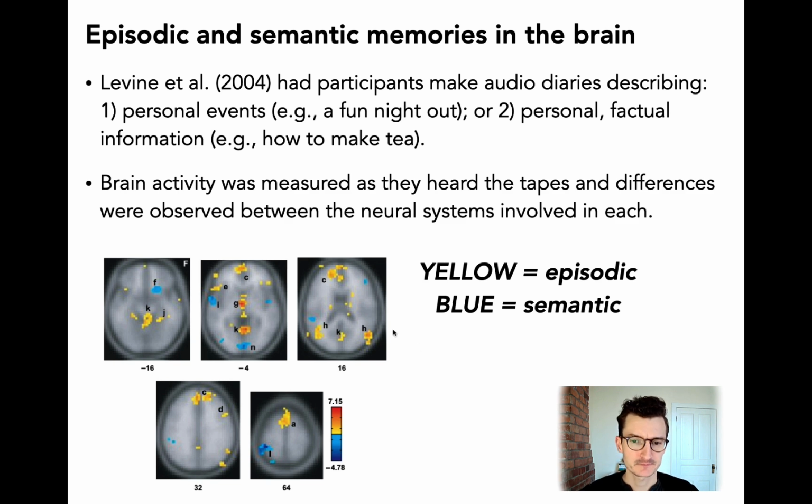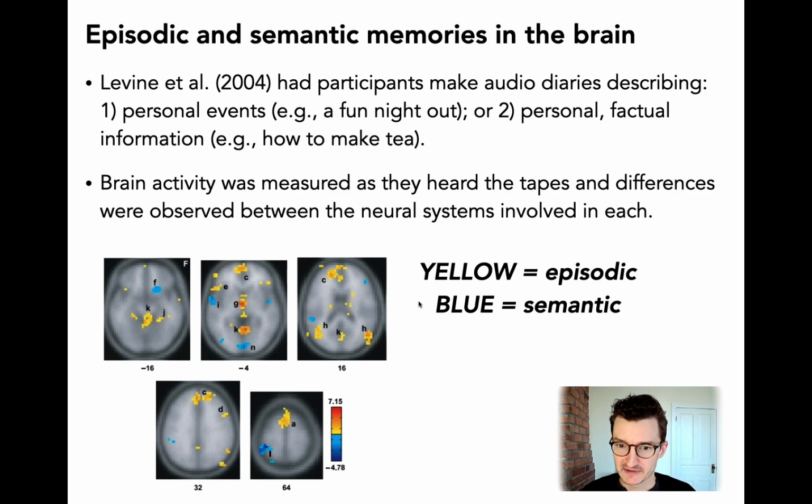And so what you can see in this fMRI image here, the yellow areas of activation reflect brain activity that's unique to hearing an episodic story. The blue areas reflect brain activity that's unique to hearing a fact-based story.